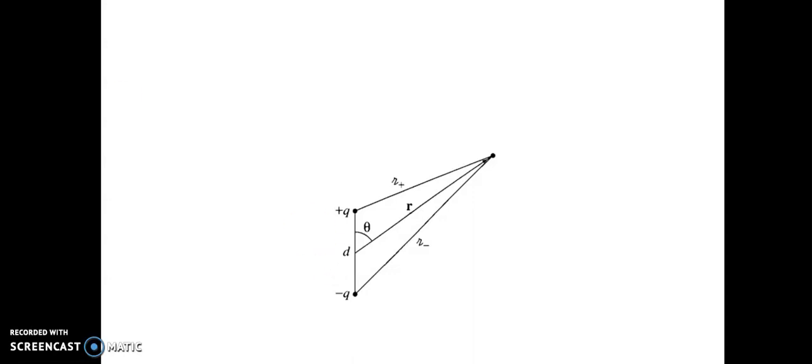For that, consider a point P, which is at a distance r from the center of the dipole, and we draw a line from the center of the dipole to this point P, and this line makes an angle theta with respect to the dipole moment direction.